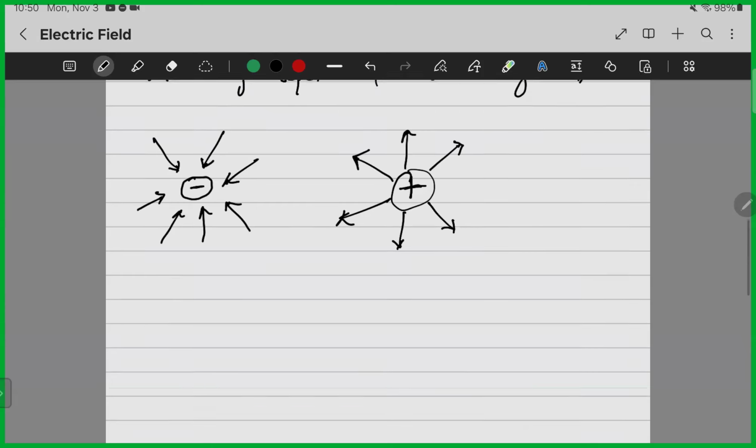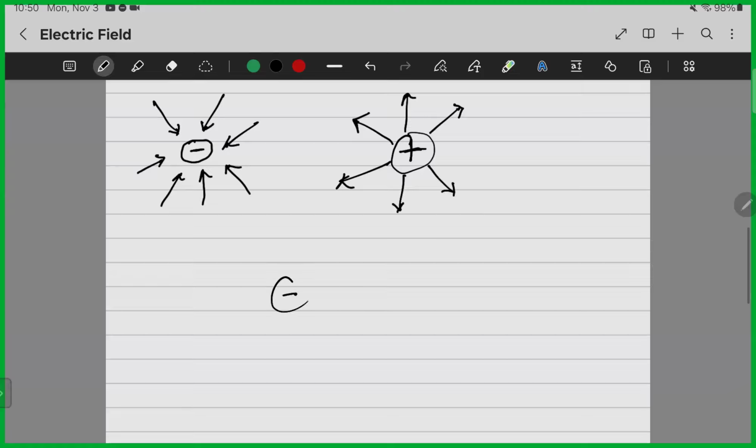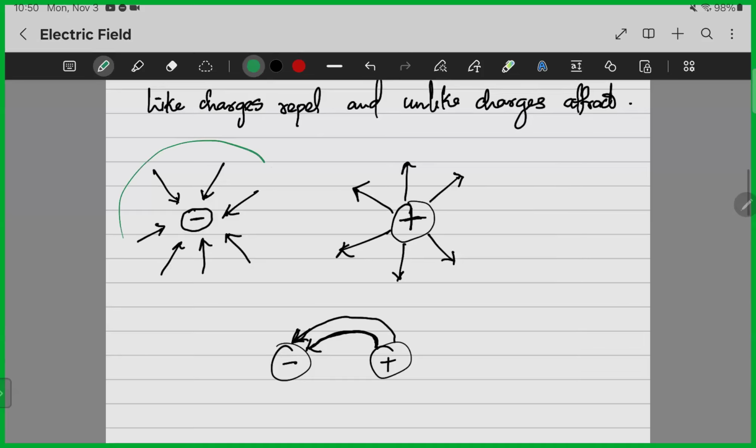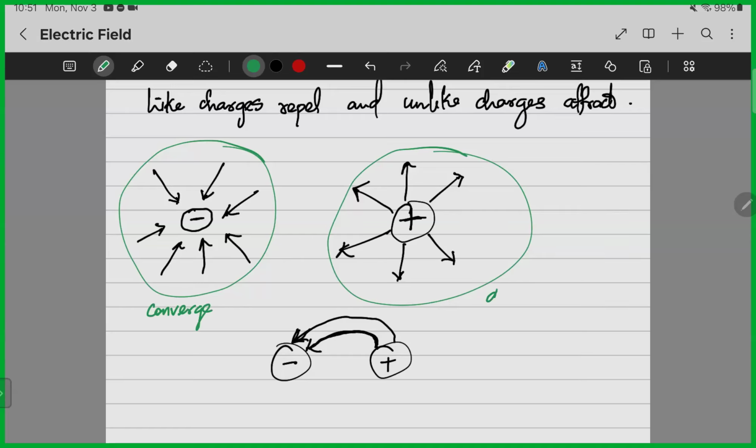So if you bring a negative charge close to a positive charge, the electric field lines now look like this, because the ones from the positive point outward, and then the negative charge is receiving them. In the negative case they receive, the electric field points inwards, and the positive charge seems to diverge. Electric field lines converge here, and electric field lines diverge here.